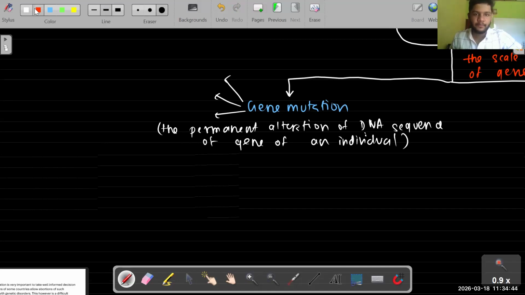Try to recall. First one is errors in DNA replication.